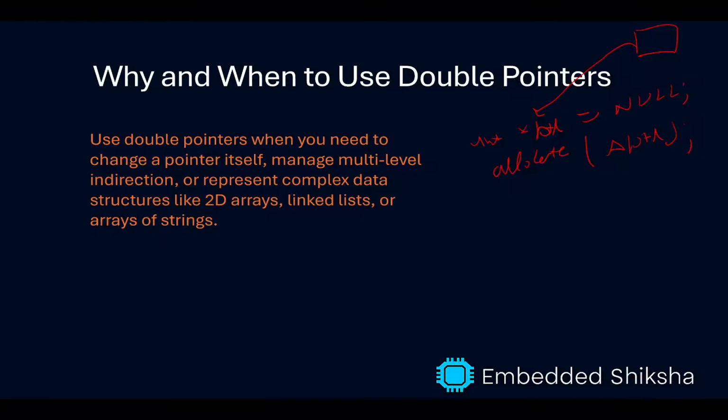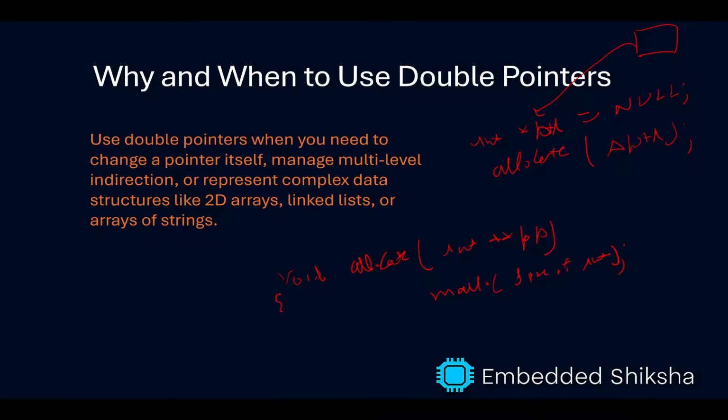Now let's write the allocate function and see what it is doing. So let's say this is my allocate function. As I said, it will take the address of a pointer, so obviously it will be a double pointer. Let's say double pointer star pp. All right, now as I said, we need to allocate memory for an integer. How will we allocate it? By using malloc with the size of integer.